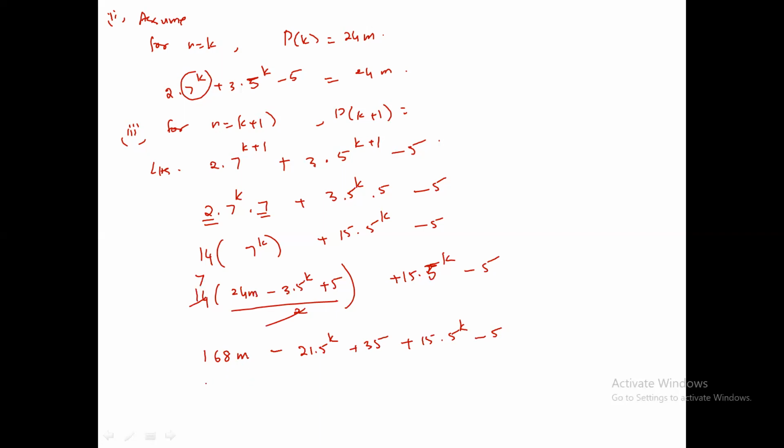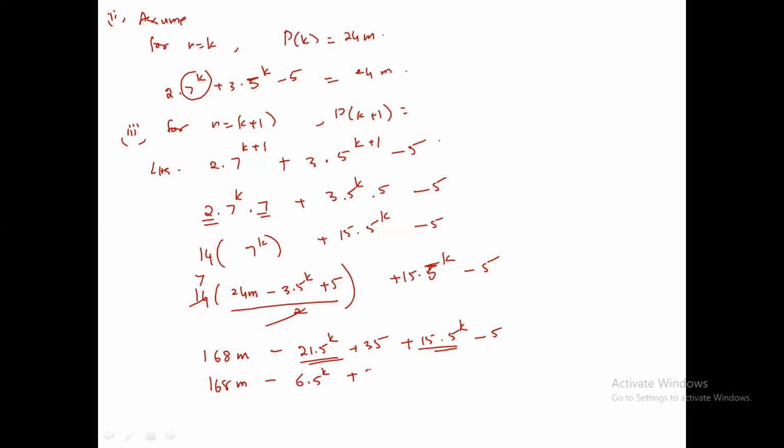Now I will write 168m minus 21 and plus 15. Minus 21 and plus 15. What I can write? I can combine both. What I mean is, I will combine this and this. So minus 6 into 5 power k.